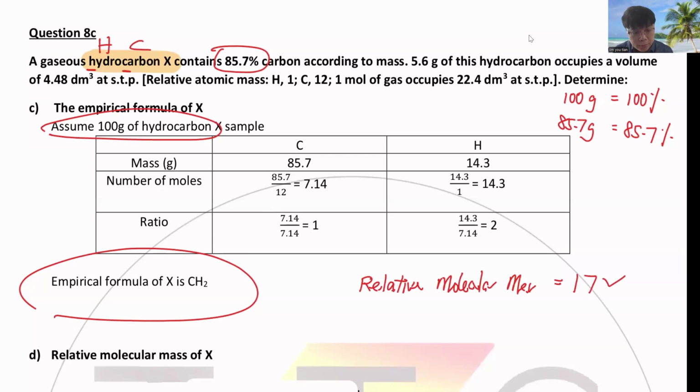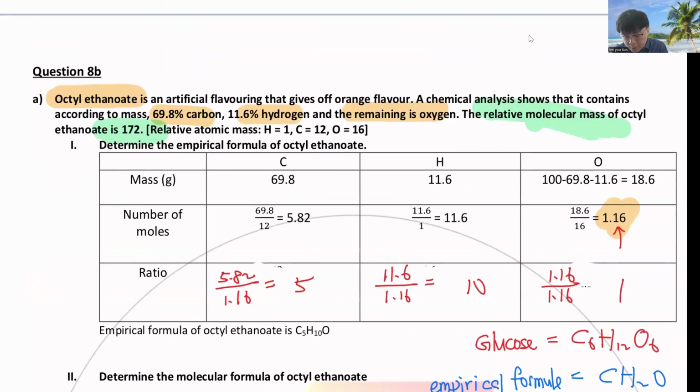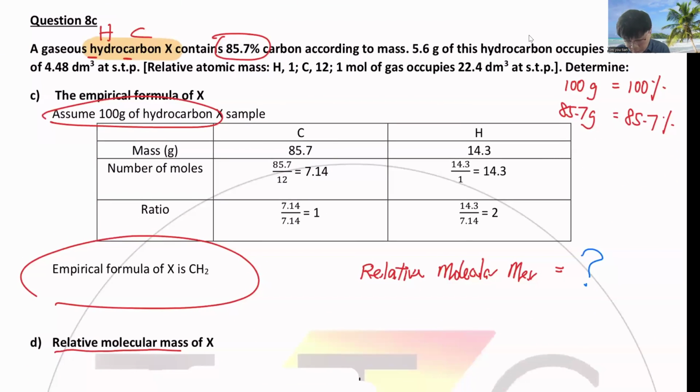But in this question, they don't give you the relative molecular mass. They go one extra step. You have to find out your relative molecular mass. Just now, they told you relative molecular mass equals to 172, right? For this one, they don't give it, so you really need to find out. So how do you find out?